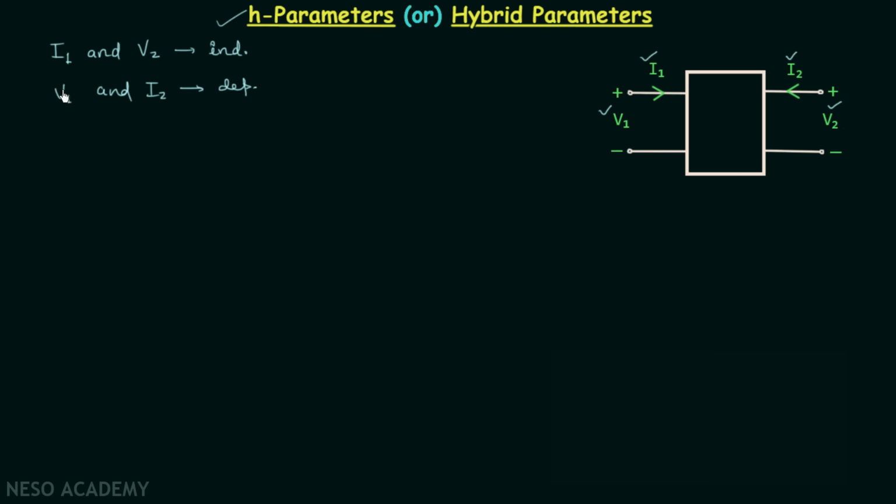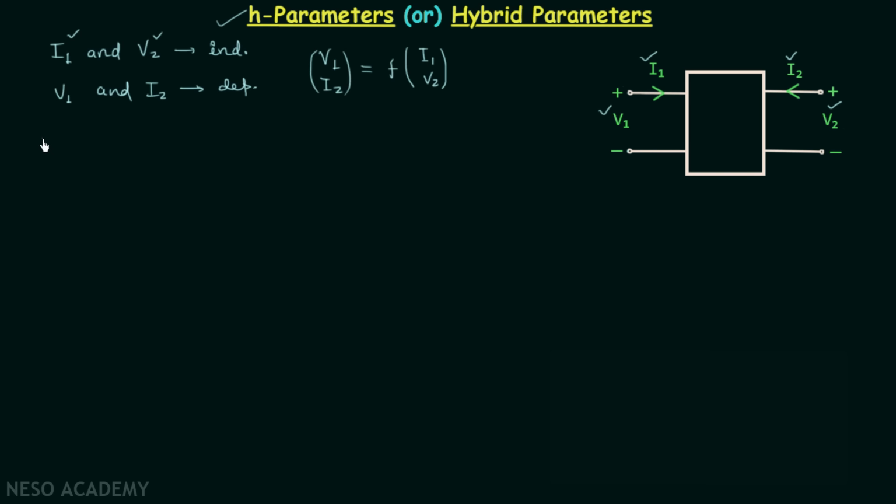This means V1 will depend on both I1 and V2, and therefore we can say that V1 is the function of current I1 and voltage V2, and I2 will also depend on I1 and V2. Therefore I2 is also the function of I1 and V2. And from here we will have two equations.